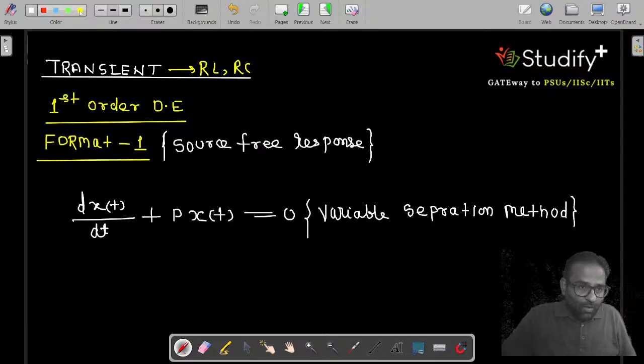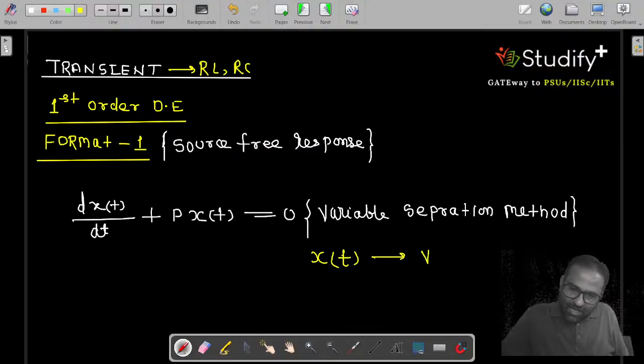Always remember, this x(t) can be two things. In our case, this can be a voltage waveform or a current.